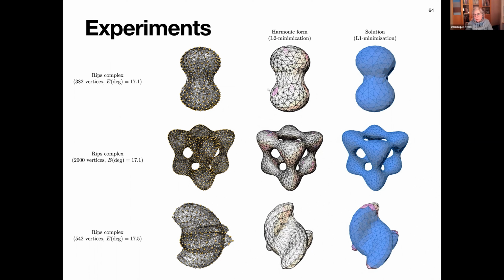Then in the second column we computed the harmonic form. On each triangle, the value of the coordinate is given by the color. If it's white, it's a small value. If it's blue, this means that the coordinate on this triangle is close to 1. And you can see that as we compute the harmonic form, the solution spreads everywhere. But as we minimize with the ℓ1 norm, then we get the reconstruction.